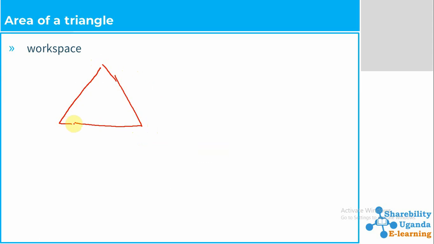A triangle of this kind, and we are given the base and also the height. Sometimes if they give you a triangle like this, you should be able to understand that this is going to be your height and this is going to be your base.